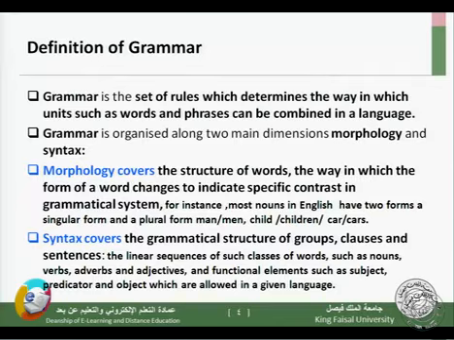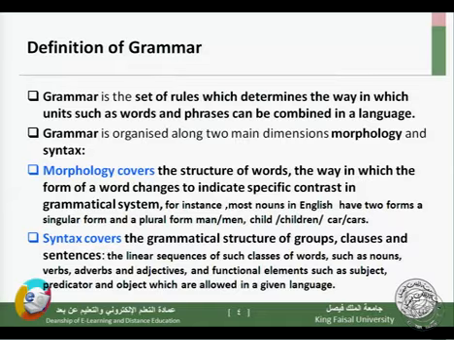Now, grammar is normally organized along two main dimensions. When you are talking about grammar, you are talking about morphology and syntax. It's very important.